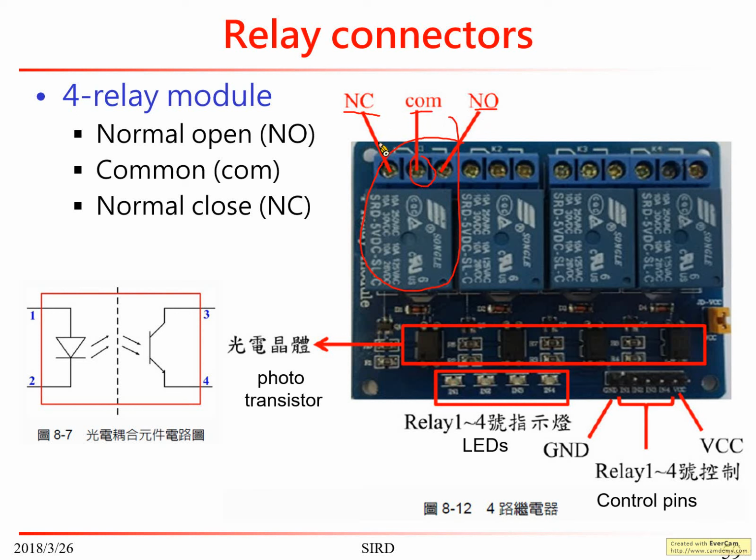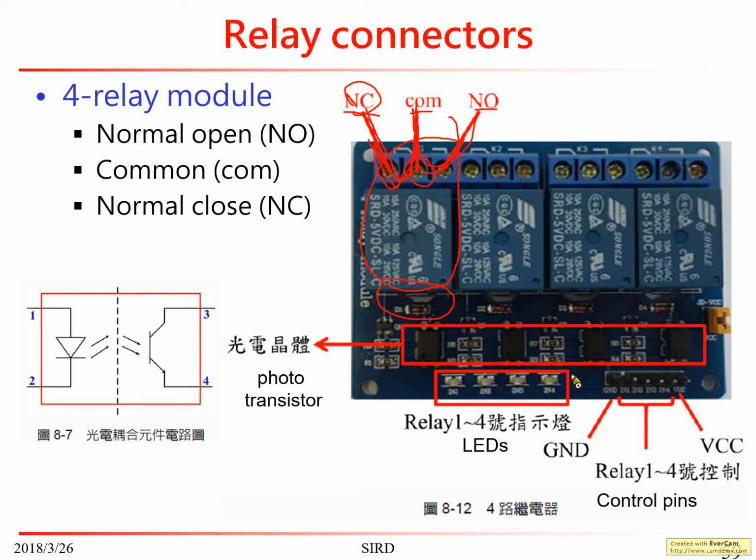What that means is, consider this a pair or loop. Normal close means when you do not apply any power, these two are connected by default. And normal open means when you do not supply power, these are disconnected.